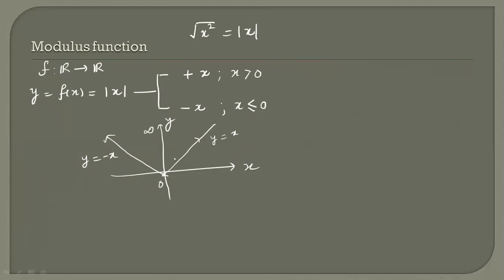If you see, the values of y are always positive. In this case, the range of f is going to be R positive, positive real numbers, which I am representing here as 0 to infinity, because at x equal to 0 we will get y equal to 0. So this is the graph of mod x.